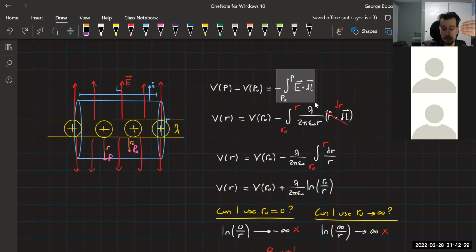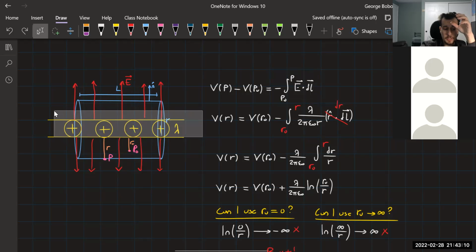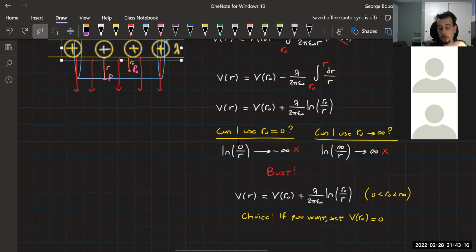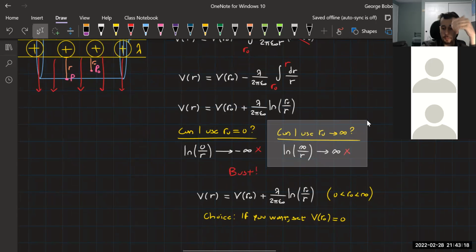Do I need to take a reference away from infinity? When does that happen? I've told you earlier in the term. If you have infinite distributions, 9 times out of 10, you cannot use infinity as your reference. Why? Because your potential function is going to break.